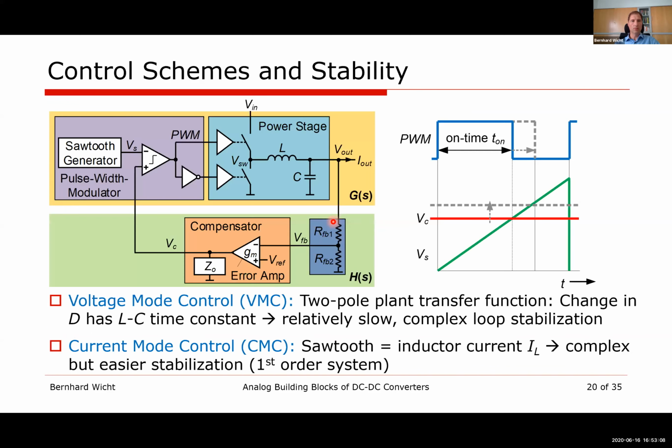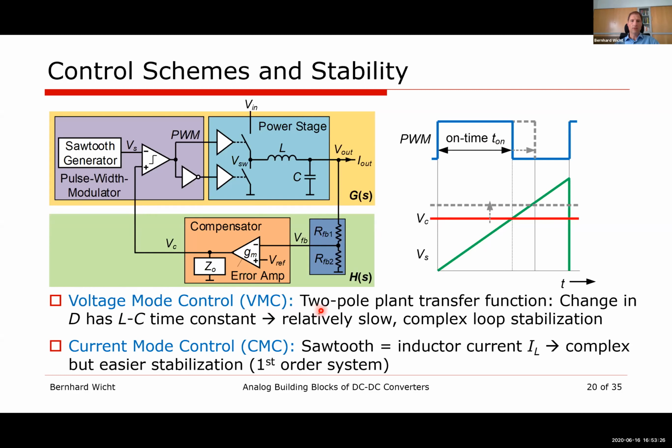So the control loop. Now we have seen the PWM generation and the control loop, and there is this concept that we see on the right-hand side. This is called voltage mode control, and it works nicely. It's very common.